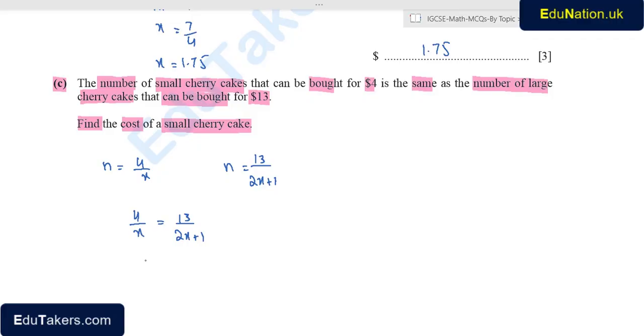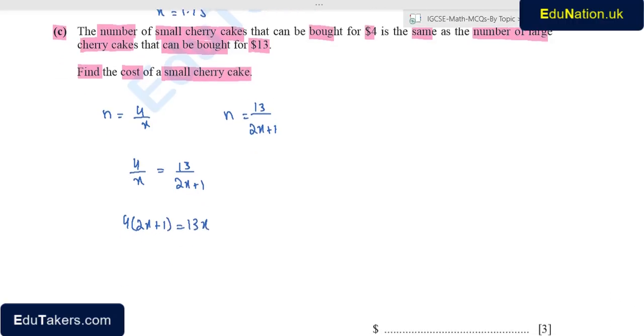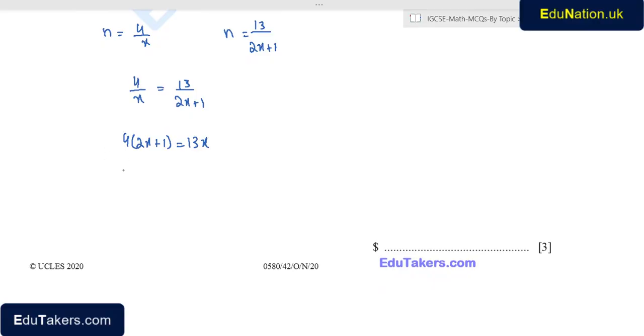By cross multiplication, 4 into (2x plus 1) equals 13x. Now 8x plus 4 equals 13x, and then 13x minus 8x equals 4.